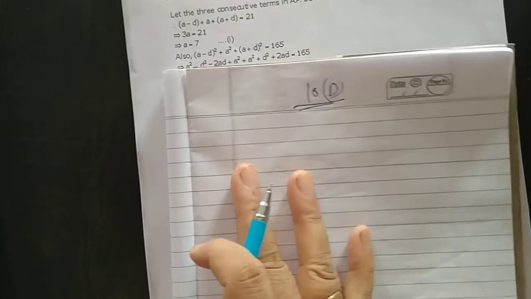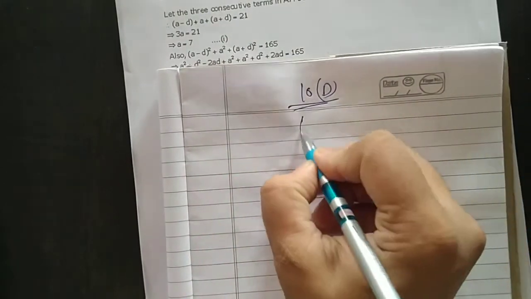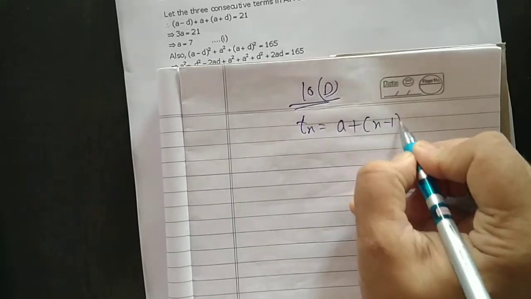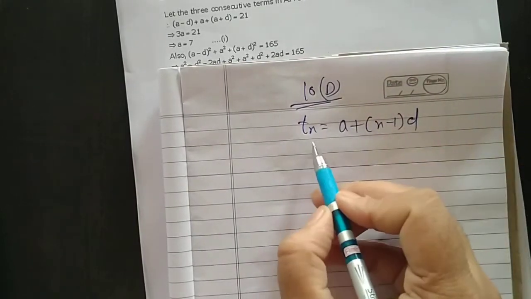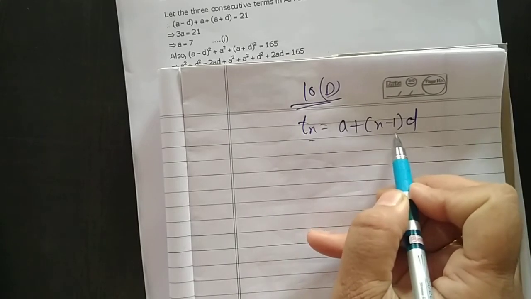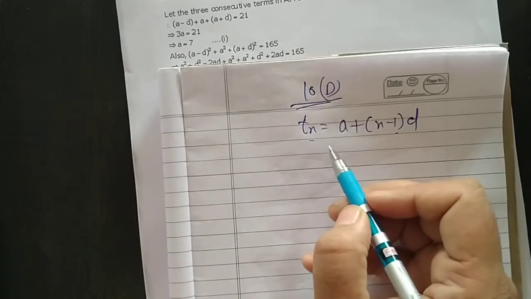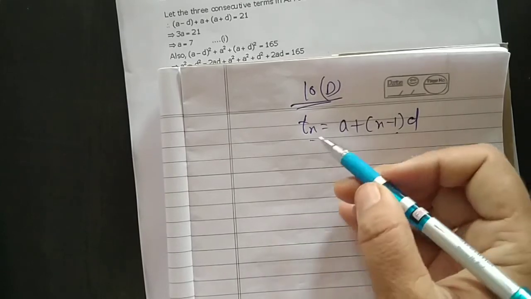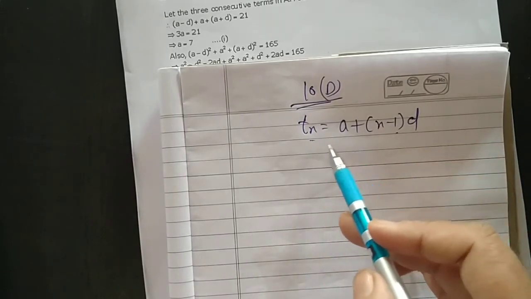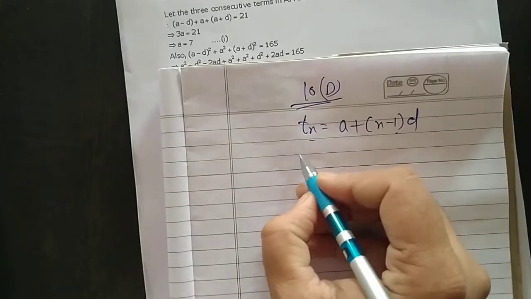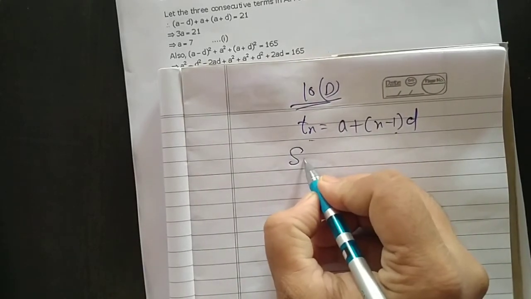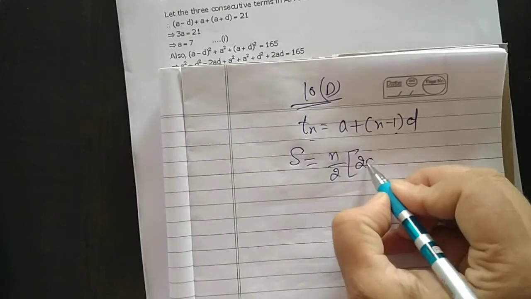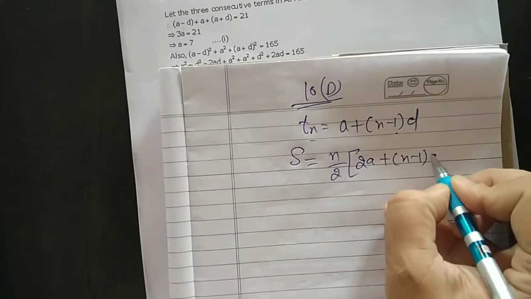So already I have told you two formulas. First is Tn is equal to a plus (n minus 1) into d. We will use this formula to find the number of terms, and it is also used to find the last term, l. Another formula is used to find the sum, that is n by 2 into (2a plus (n minus 1) into d).